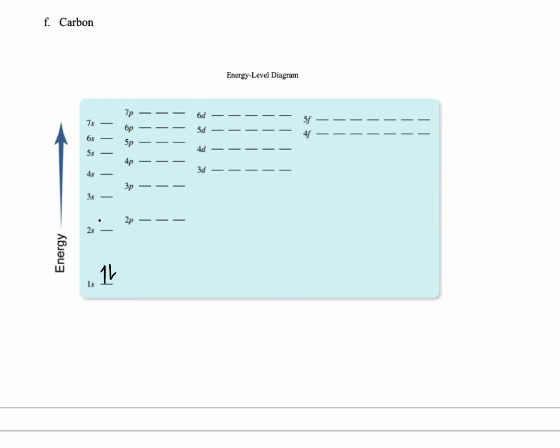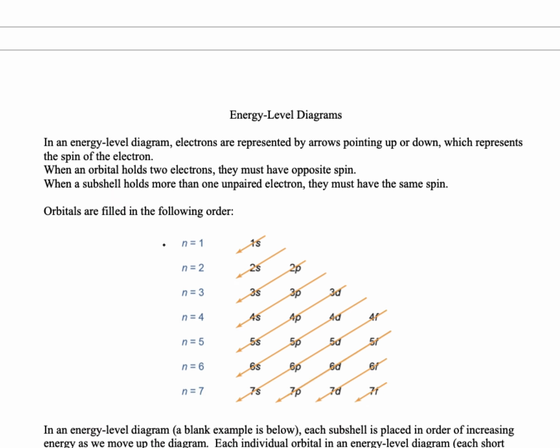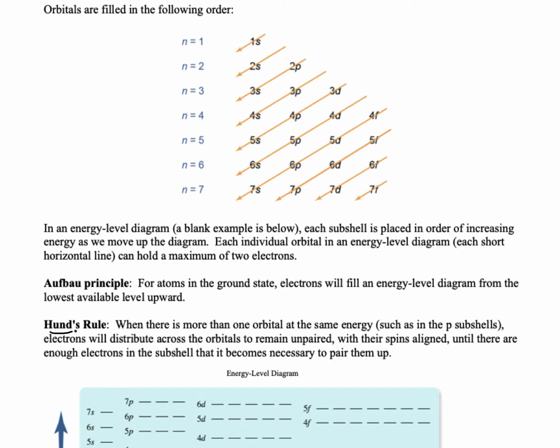and for carbon, there is one interesting thing that happens here, and it comes from what is called Hund's rule. Hund's rule says when there's more than 1 orbital at the same energy, such as in the p subshells, electrons will distribute across the orbitals to remain unpaired with their spins aligned until there are enough electrons in the subshell that it becomes necessary for them to pair up.